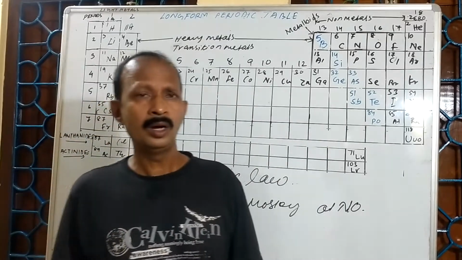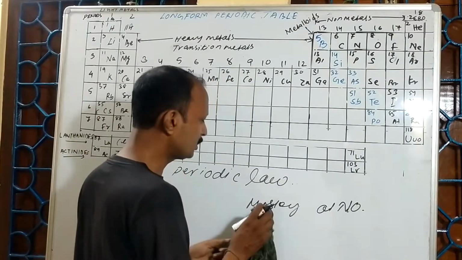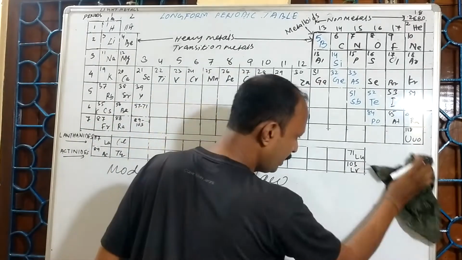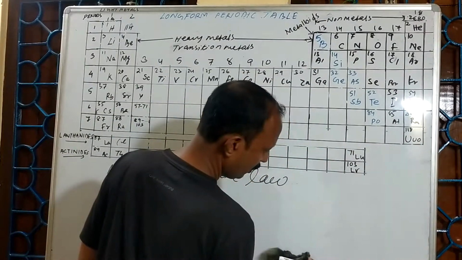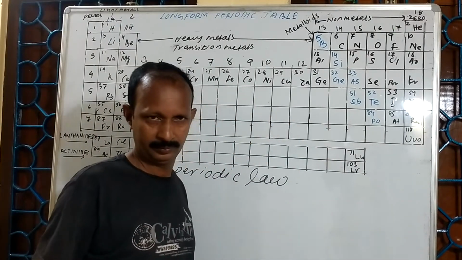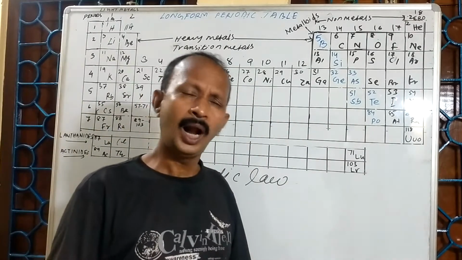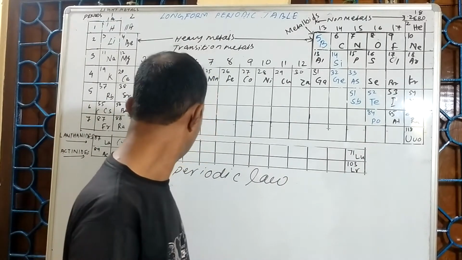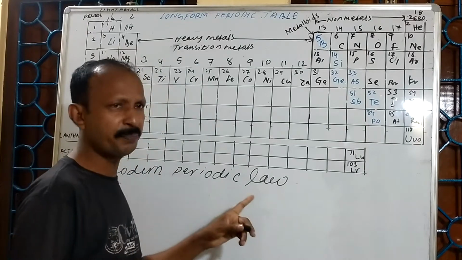So, on the basis of this observation, a periodic table was prepared by Niels Bohr. And the law associated with that periodic table we study by the name of modern periodic law.